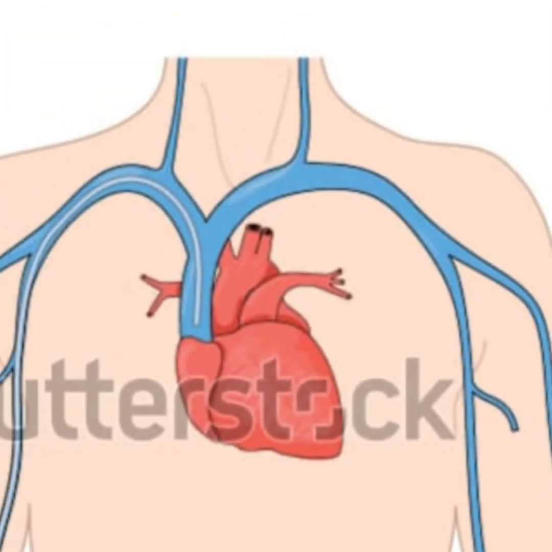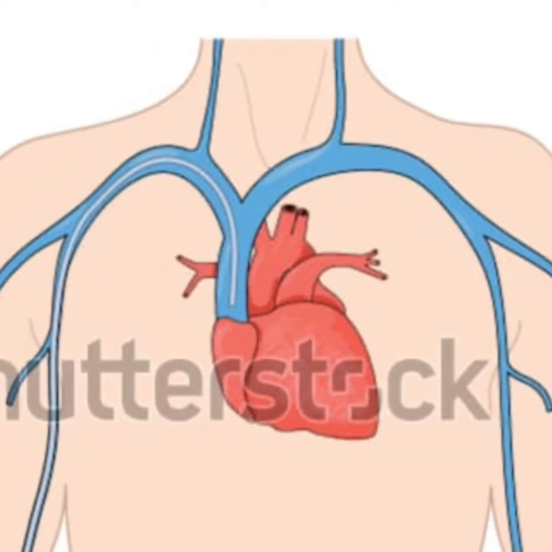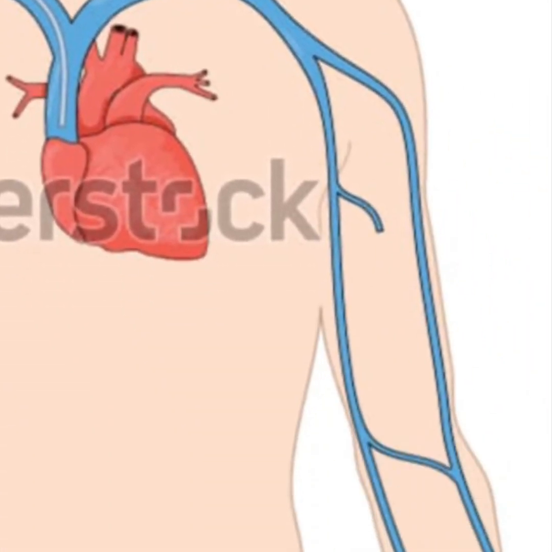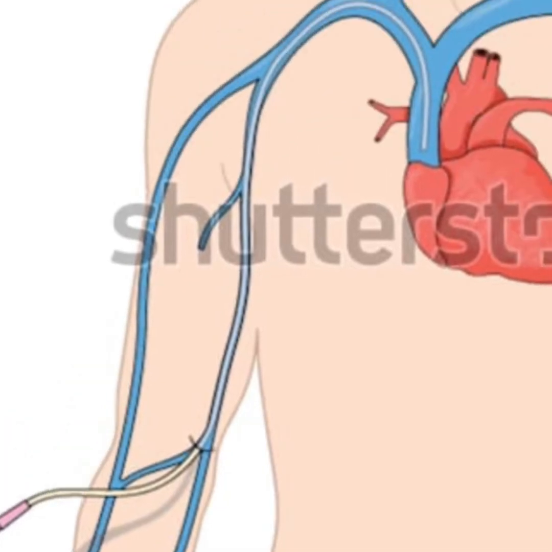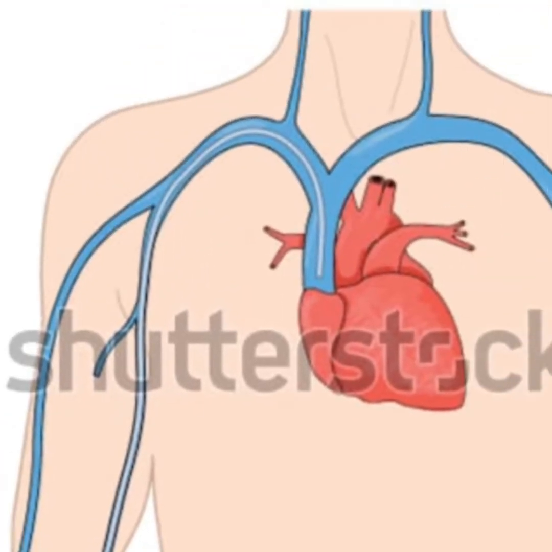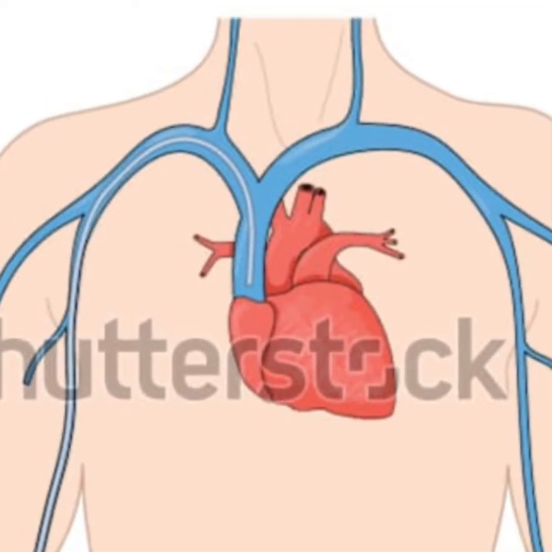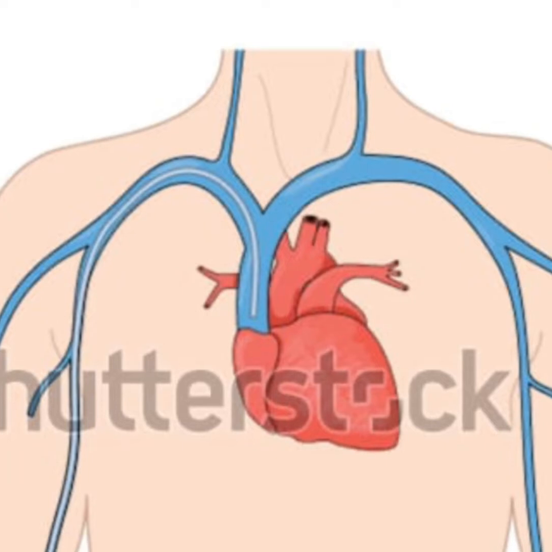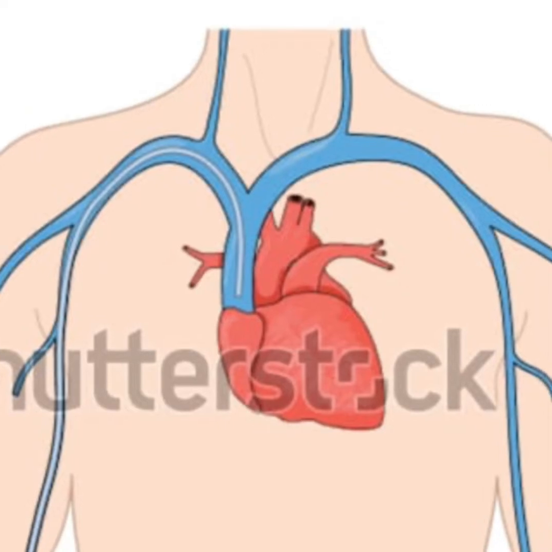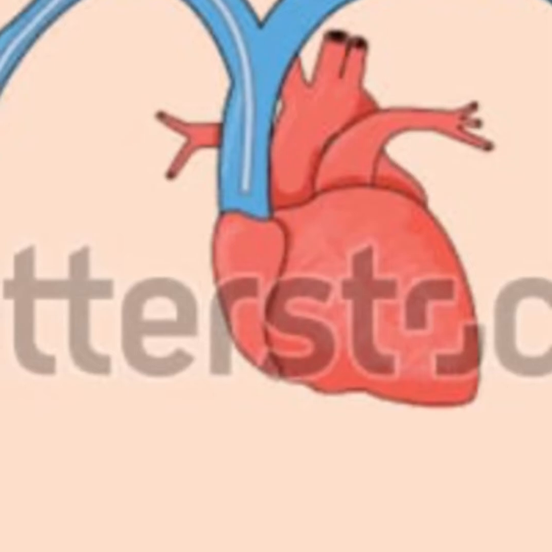The superior vena cava is the great venous trunk, which connects to all these trunks. It returns the deoxygenated blood from the head, neck, arm, and chest of the body to the right atrium, which is right here.